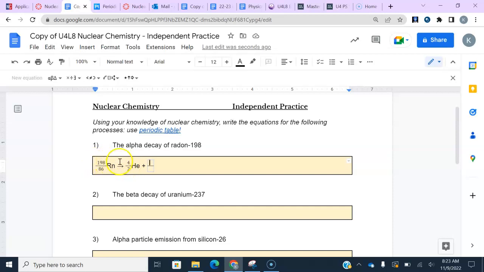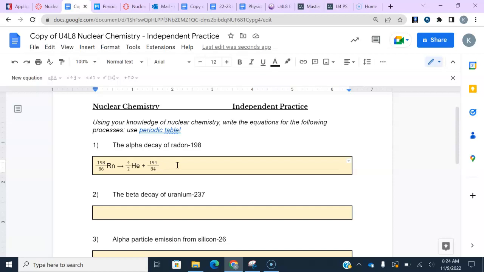So 198 minus 4 will give us 194. And then the bottom one, 86 minus 2. Okay, so 86 minus 2 is 84. Okay, so we're showing now that we've lost the alpha particle and we have created, or we have decayed, this is decayed, into a new element.